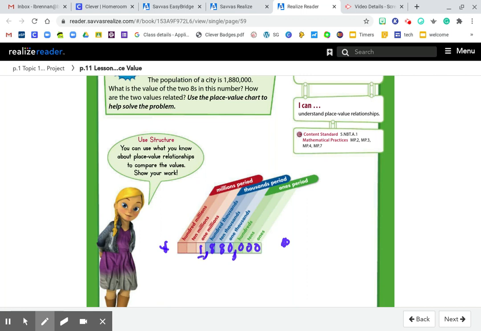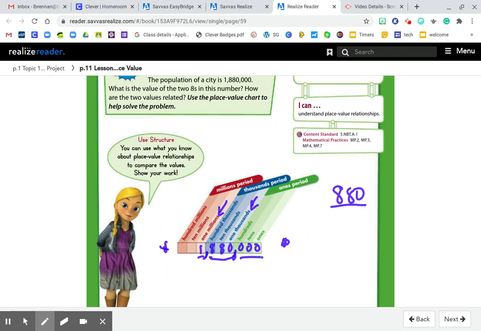So you say 1, and then you say where that number is sitting. It's 1 million. Then you say the next period together as a number, 880, and wherever that last digit is, we call it thousand, and then there's nothing left to say.